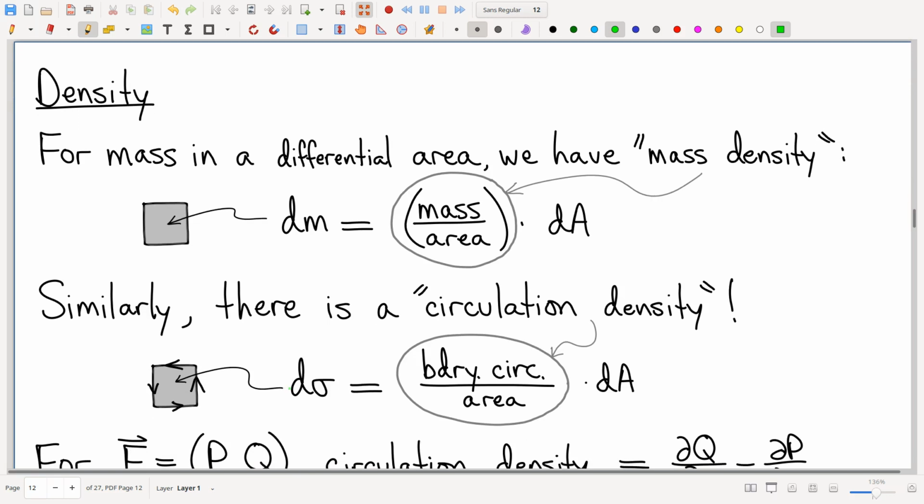Okay, what do we do with stuff? Well, we can talk about density. So, for example, if I have some area here, and if there's a certain amount of mass or population or any other accumulating quantity that we've ever talked about that you might imagine is being distributed over an area, right?